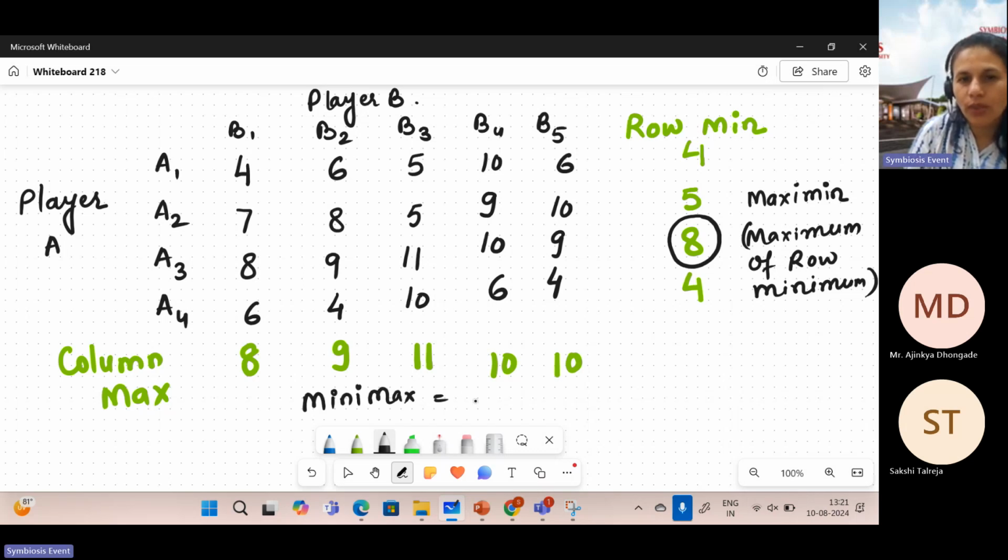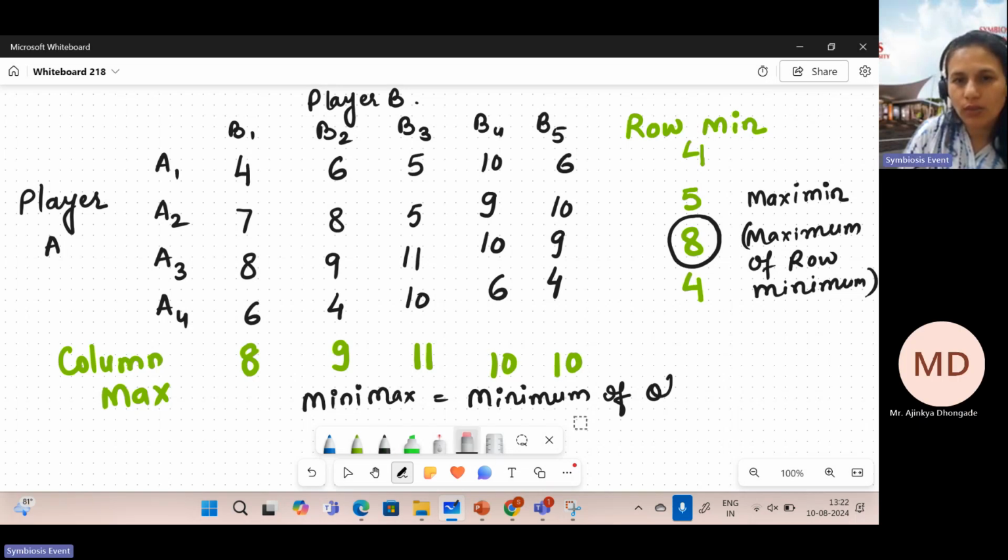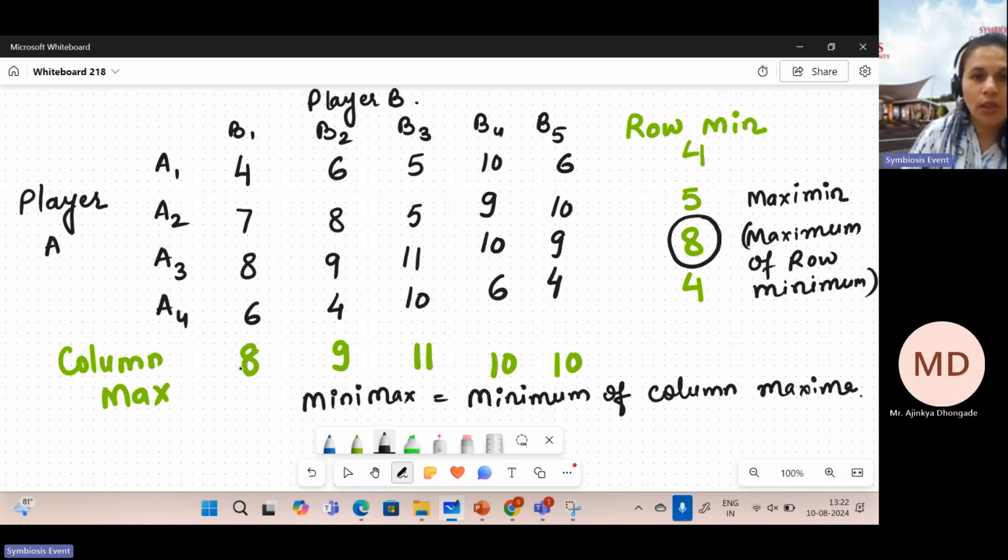What is the meaning of minimax? Minimum of column maximas. So what is this minimum of column maximums? Now 8, 9, 11, 10, and 10. So what is the minimum of this? This 8.